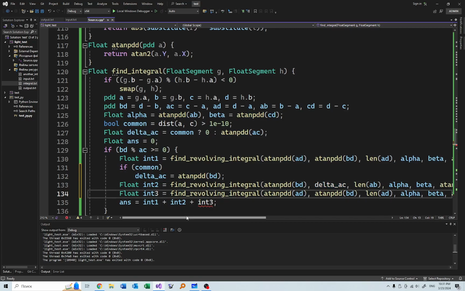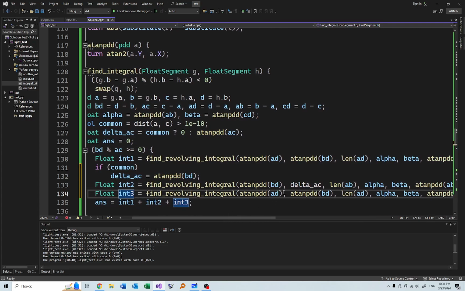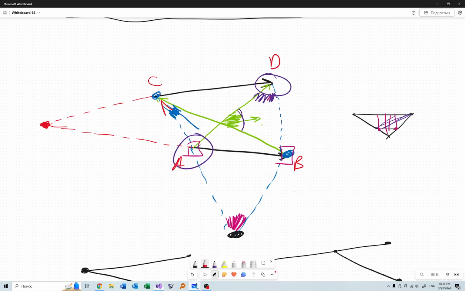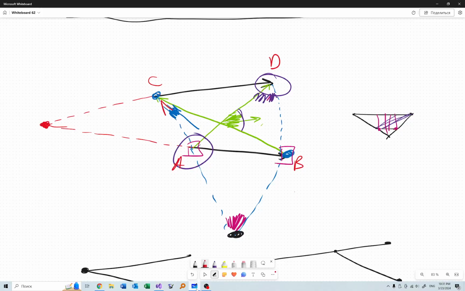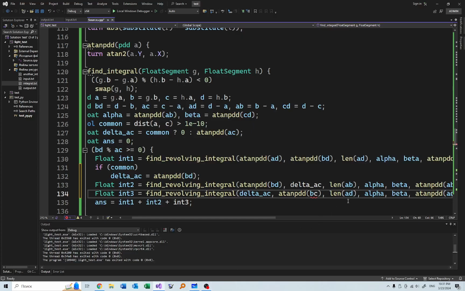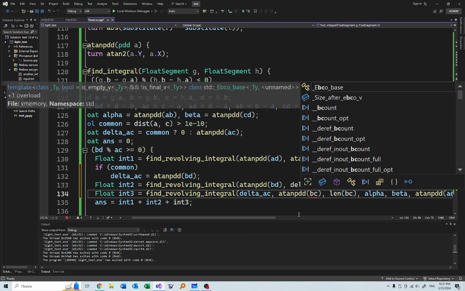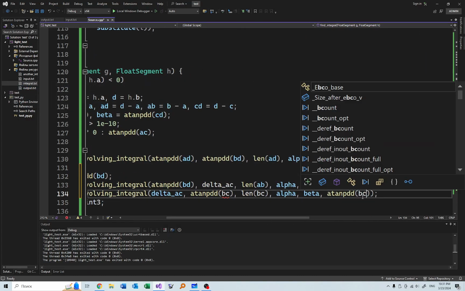And finally, in int 3, we integrate from delta AC to BC. And here BC, and here BC.